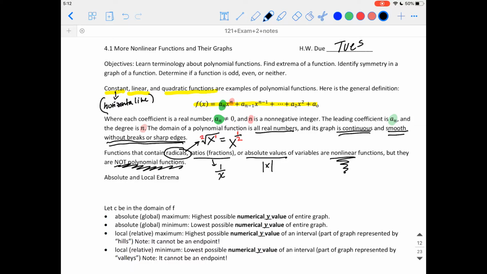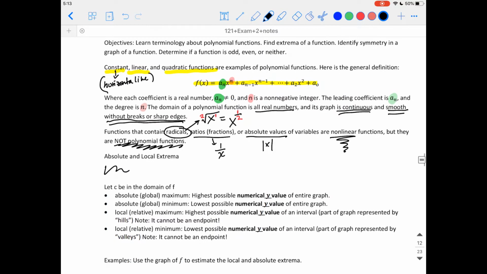All right, absolute and local extrema. Sorry about this space here. So it says, let C be in the domain of f. So it's some x value. We're going to call it C. The absolute or global maximum is going to be the highest possible numerical y value of the entire graph.